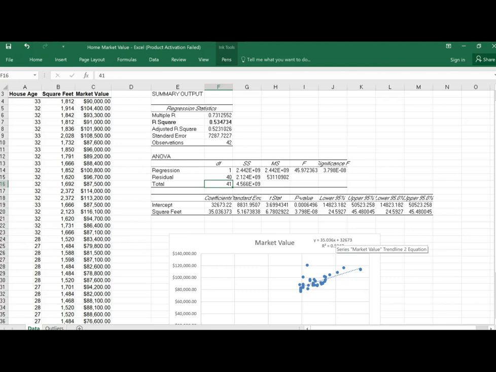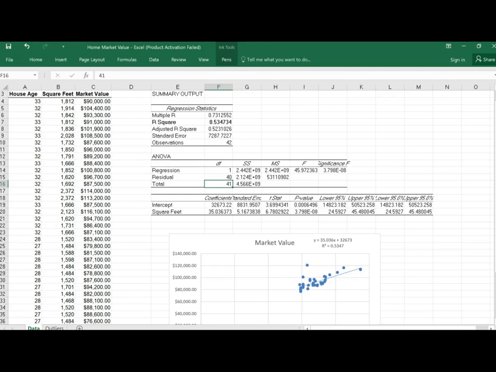Here's how we come up with these numbers. The total degrees of freedom in this ANOVA is the number of observations minus 1. We had number of observations n of 42, minus 1. That's where the 41 comes from. The total degrees of freedom are n minus 1. The regression degrees of freedom are equal to the number of variables on the right-hand side of the equation.